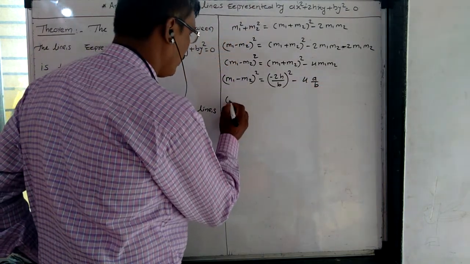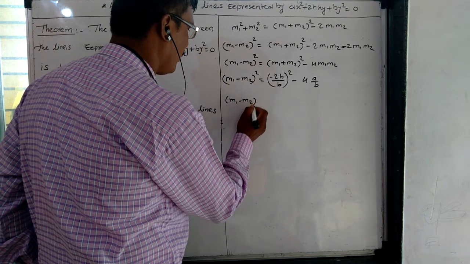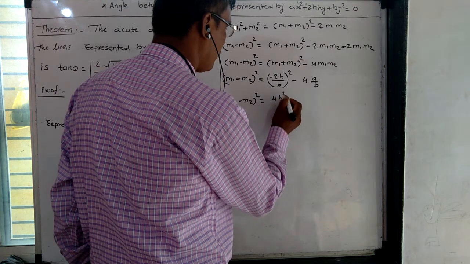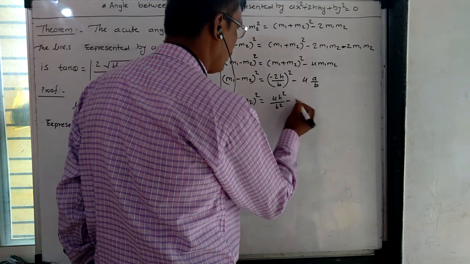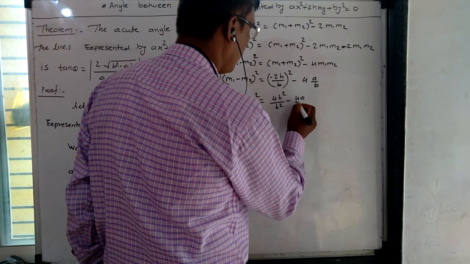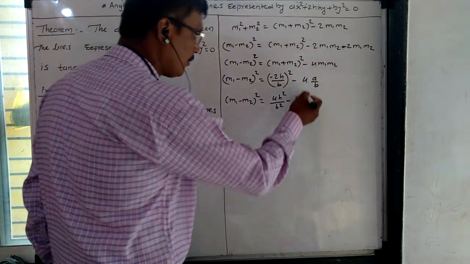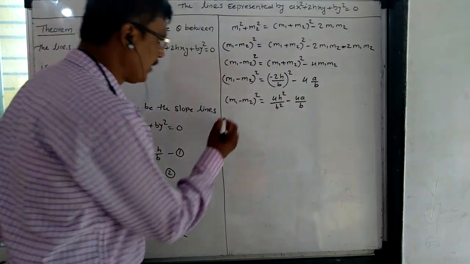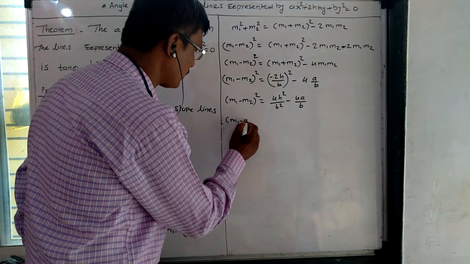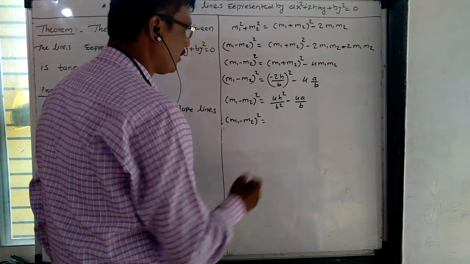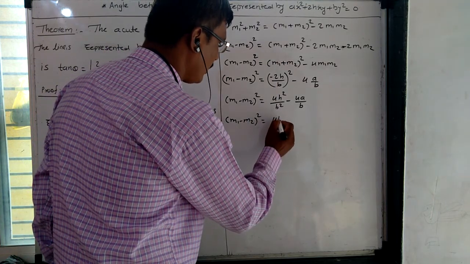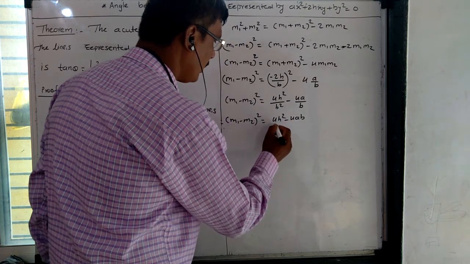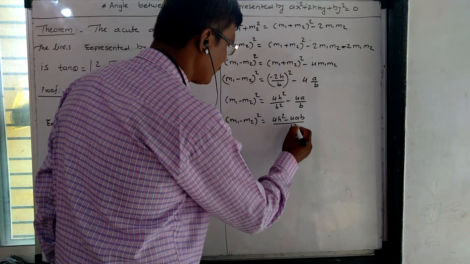So m1 minus m2 bracket square is equal to 4h square divided by b square minus 4a divided by b. If we multiply the numerator and denominator by b, we get b square, so the denominators become equal. Therefore m1 minus m2 bracket square is equal to 4h square minus 4ab divided by b square.